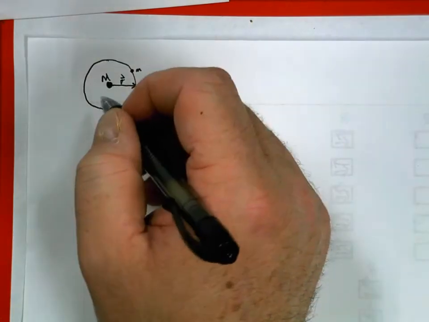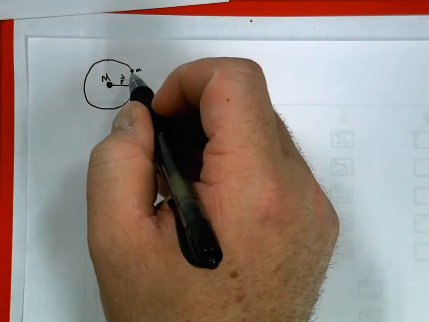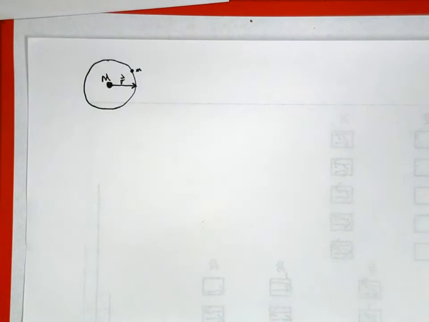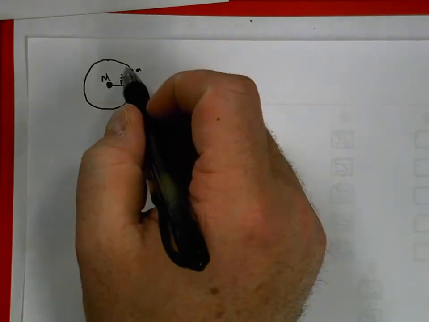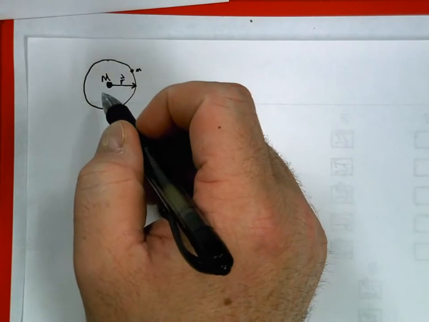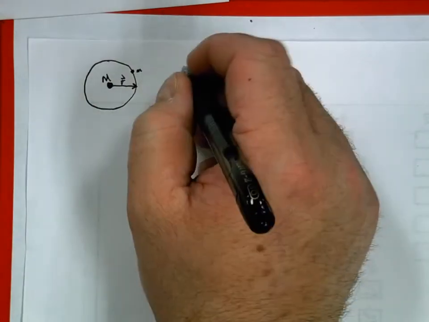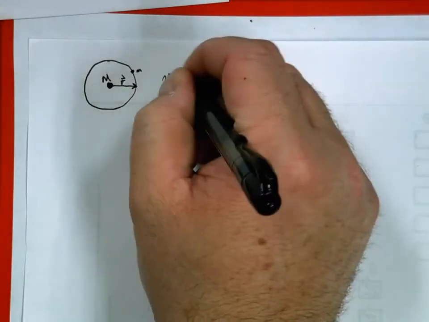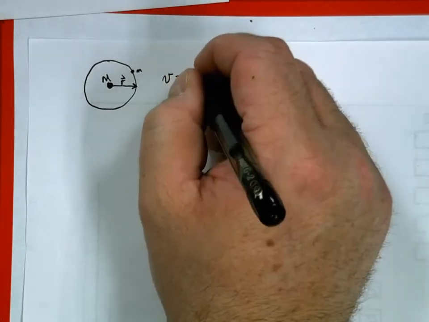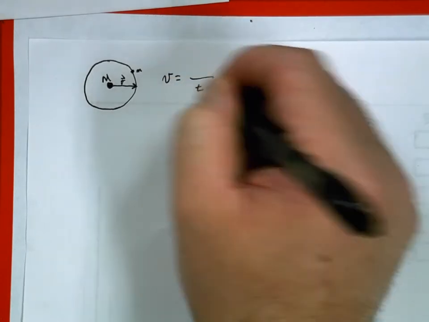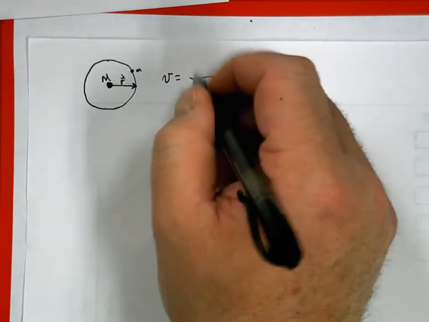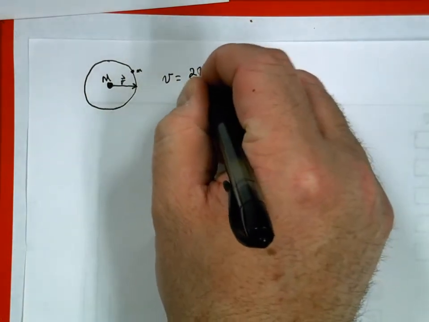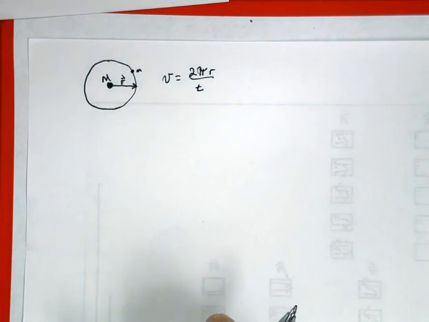The question here is, how long does it take for, say, the Earth to travel around the Sun? Well, one year. But what would it take for anything traveling at a particular velocity to travel around its circumference? Well, the linear velocity is going to be the circumference, 2 pi r, on top, and the amount of time, how long it takes to do this, on the bottom.